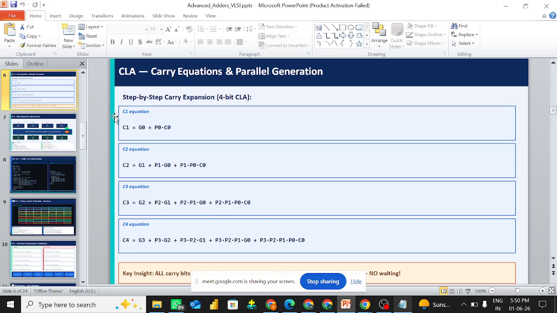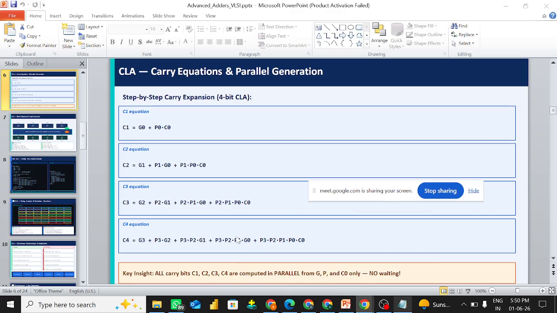Basically based on this equation we are going to determine the carry out of the first, second, third, and fourth adders, okay. I think in the previous class I explained how to write this equation, okay.